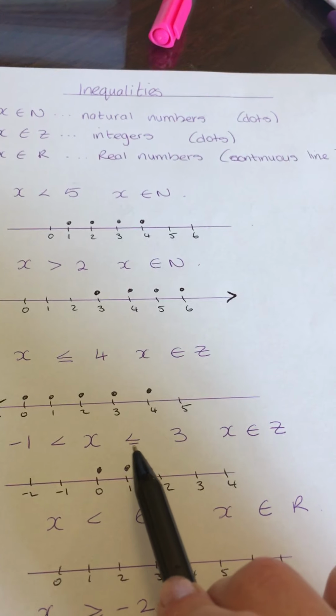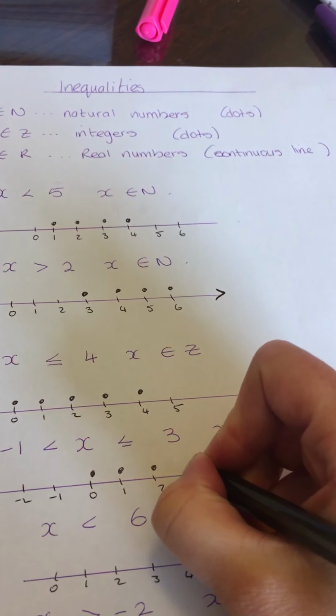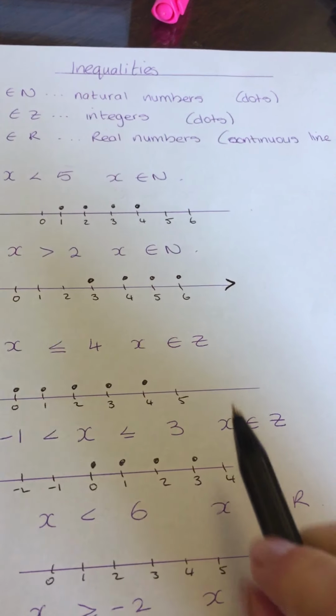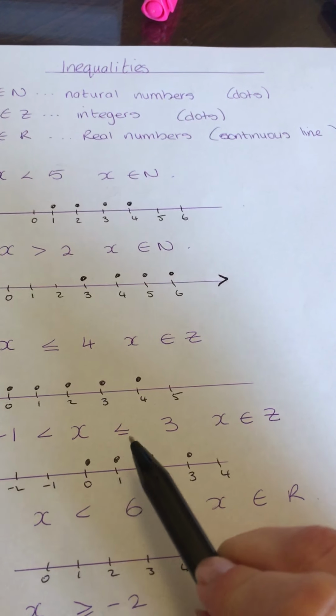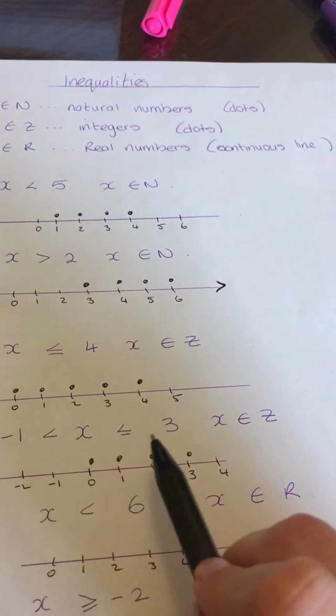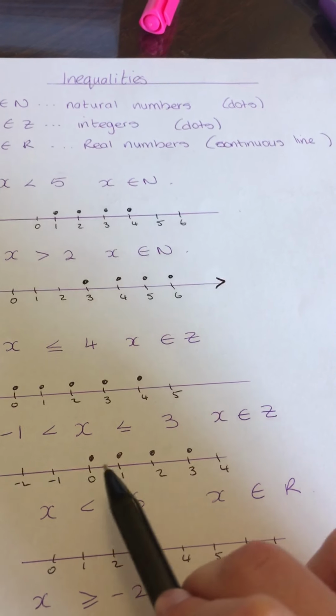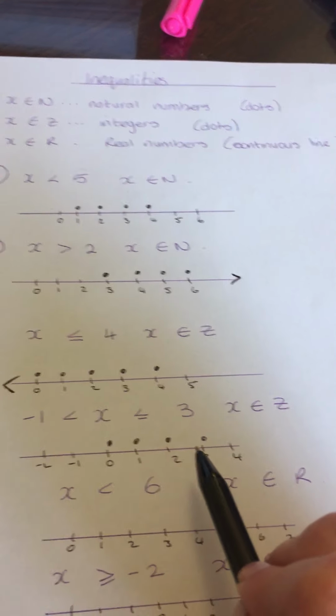And then it's less than or equal to 3, so we'll be putting a dot right up as far as 3. So the dot is going on 3 because it's equal to 3. And x is contained between these two values. It's between -1 and 3, so there'll be no arrows there. It's between those 4 numbers.